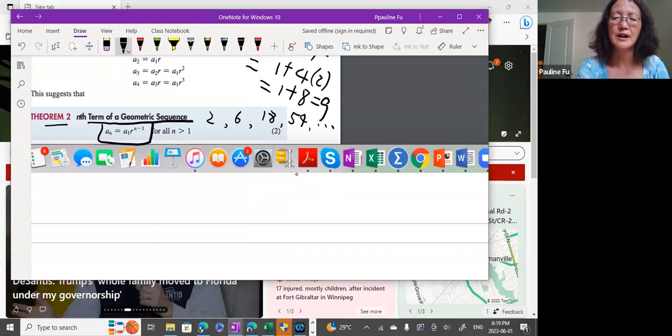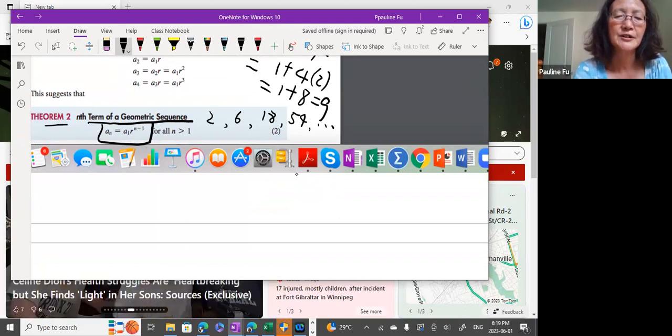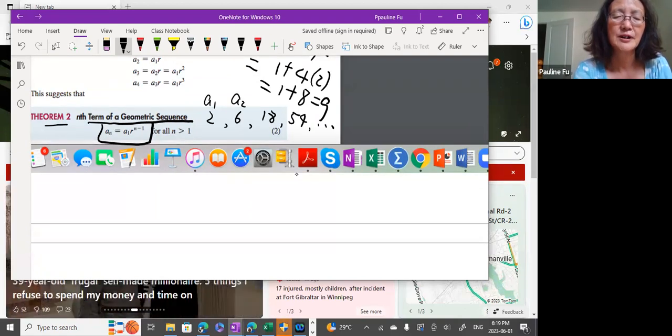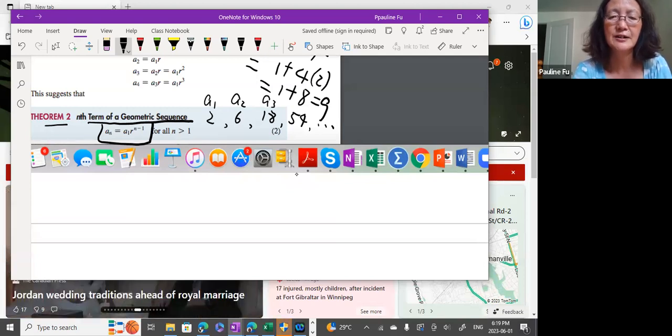There are many other items. So in this sequence, A1 is 2, A2 is 6, A3 is 18, A4 is 54.